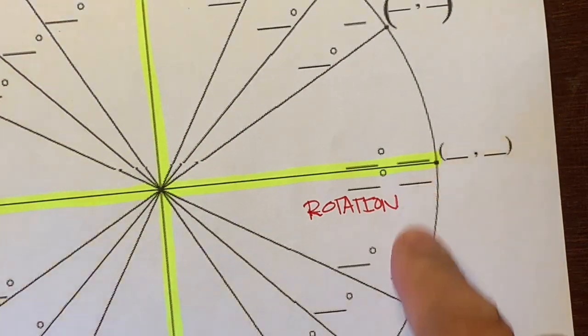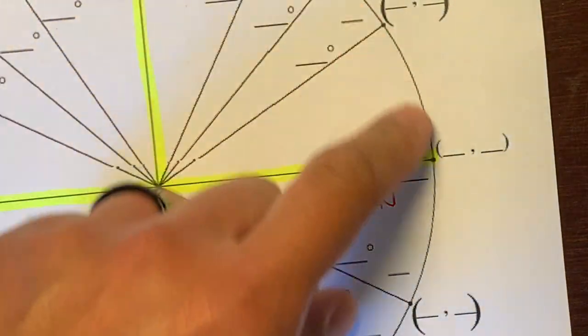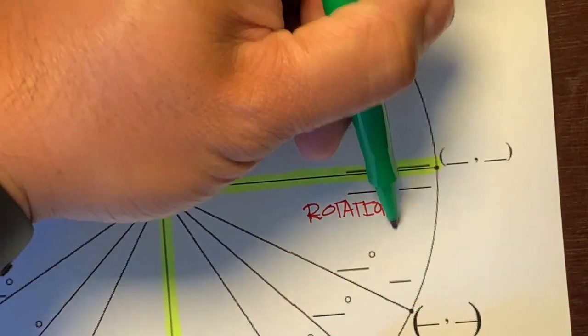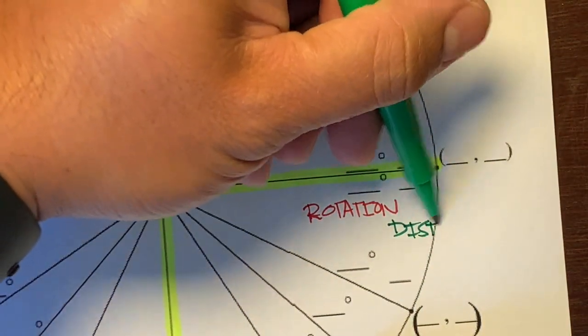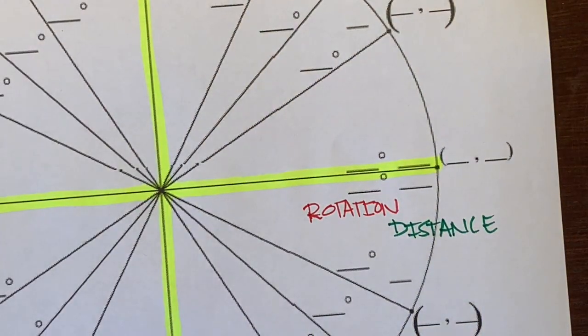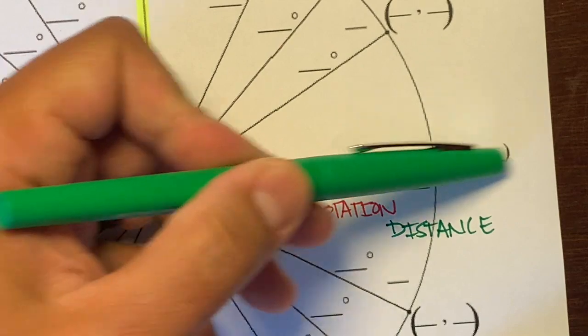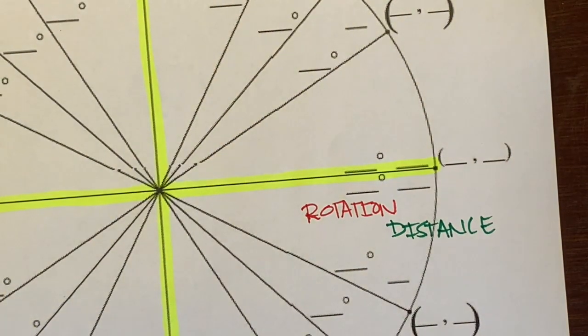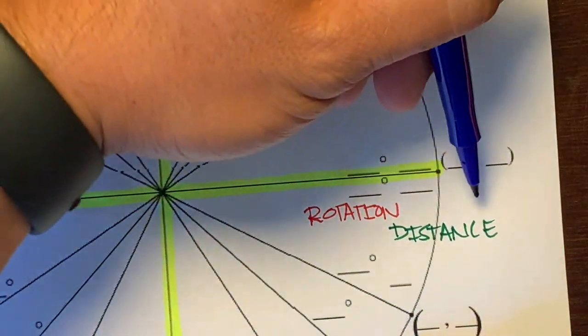This next one, these in the middle, are our distance values. So I'm going to write distance. And this last one, these 2 values, will represent x and y values, but these are our location values.